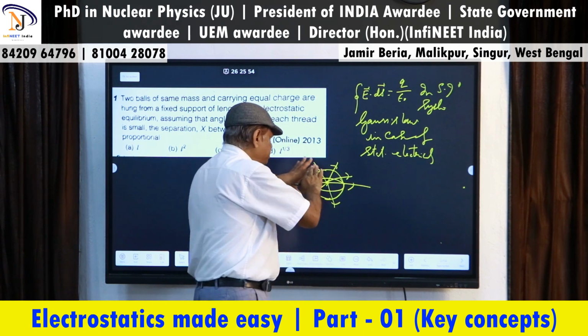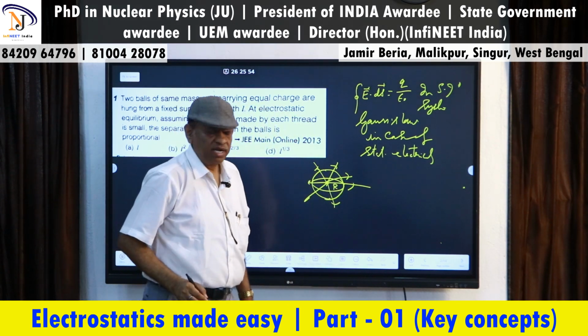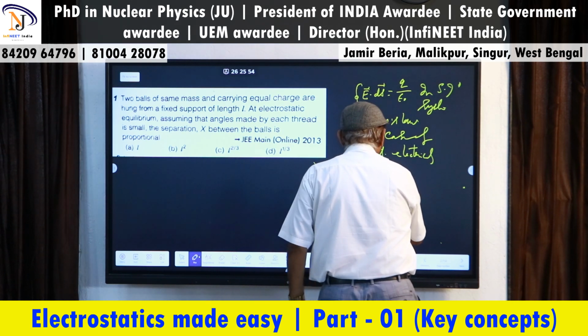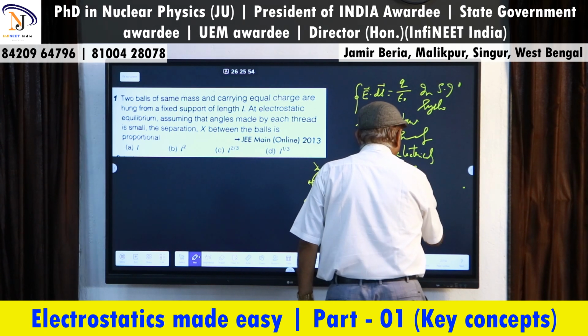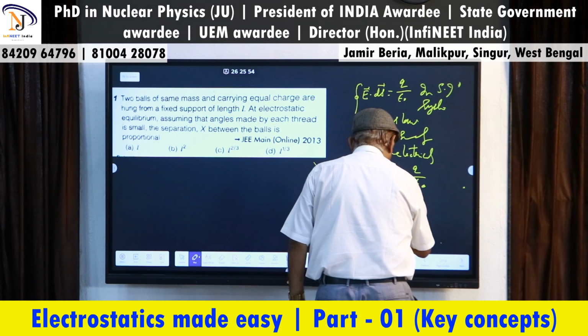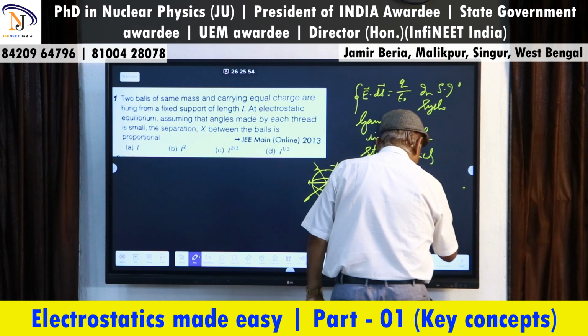The radius of this sphere is r. Clear? Then what you can write? E into S equals Q by epsilon naught. E into S means 4 pi r square, equals Q by epsilon naught.